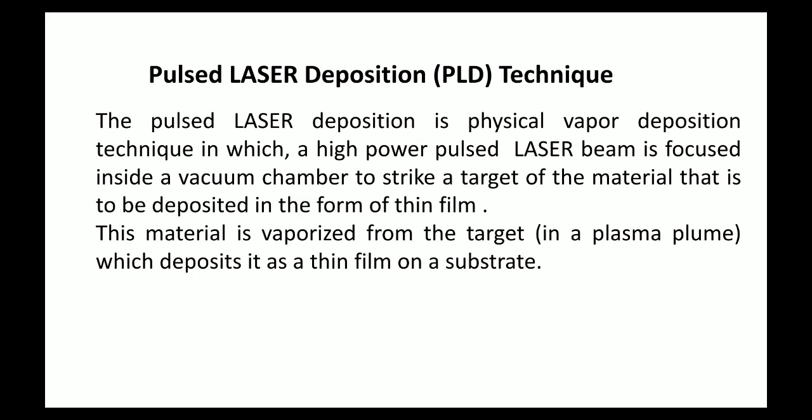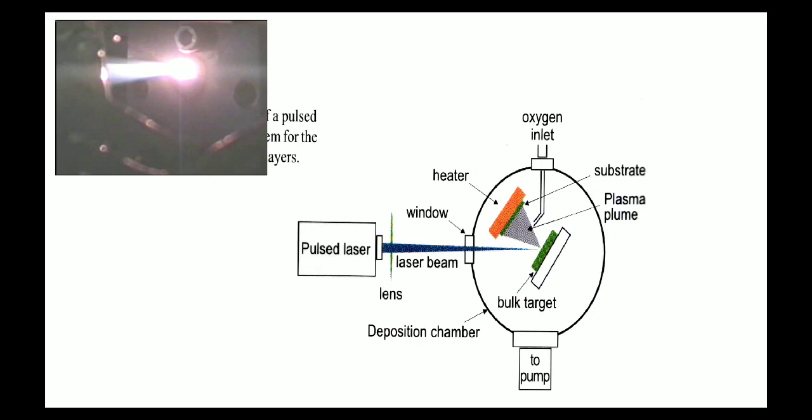So this is the technique where we are using laser pulses to evaporate the target material, and that evaporated target material gets deposited on the substrate. Let us try to understand how the machine looks and how it works.